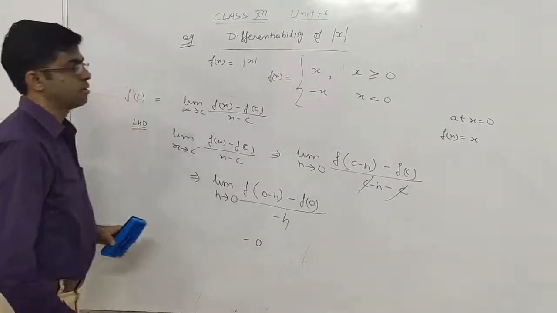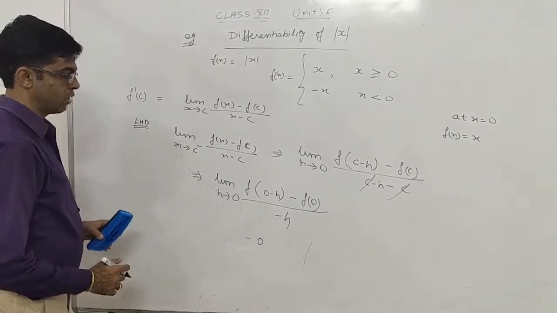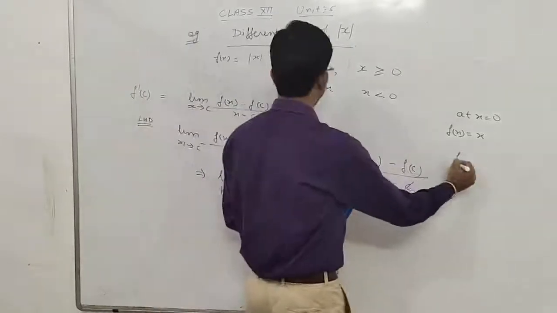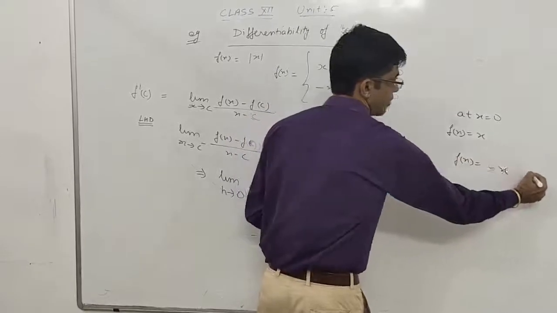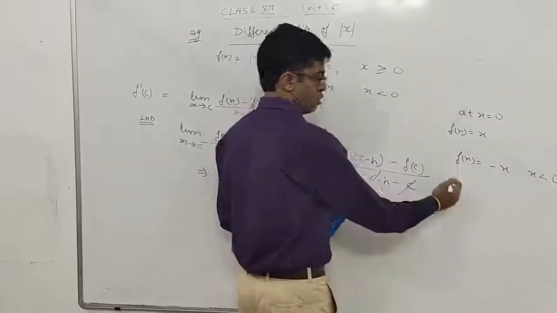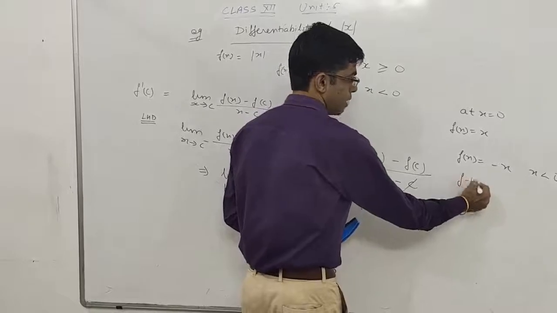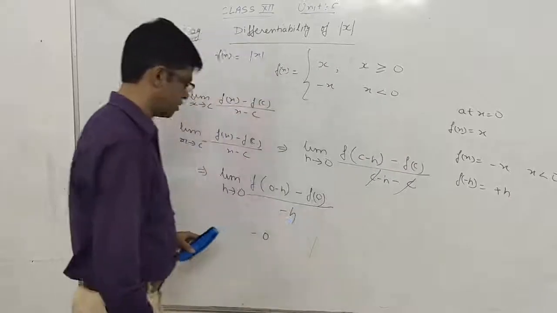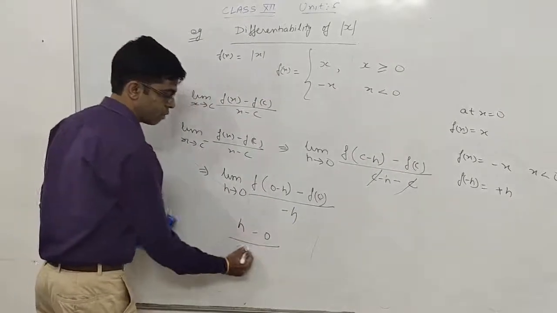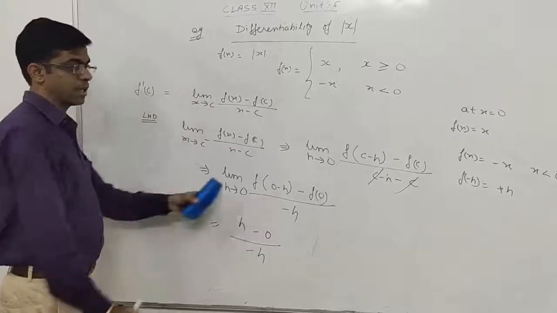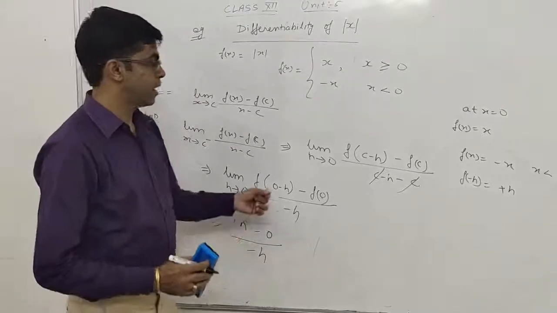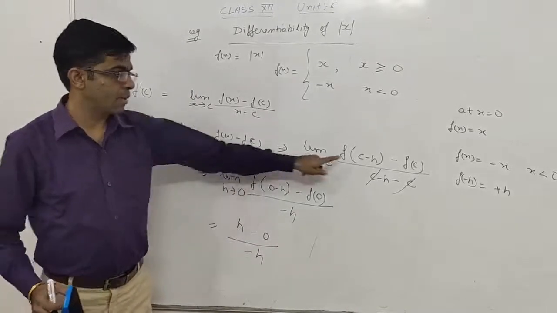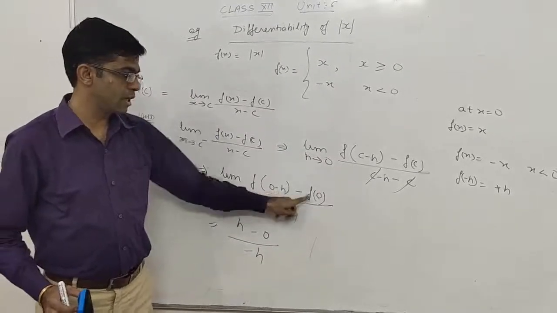The function f(x) is equal to minus x when x is less than 0. So f of minus h is equal to minus minus plus h, so this is h upon minus h. Understand this again. This is the left hand derivative. So in place of c I have put 0, 0 minus h, and this is 0.